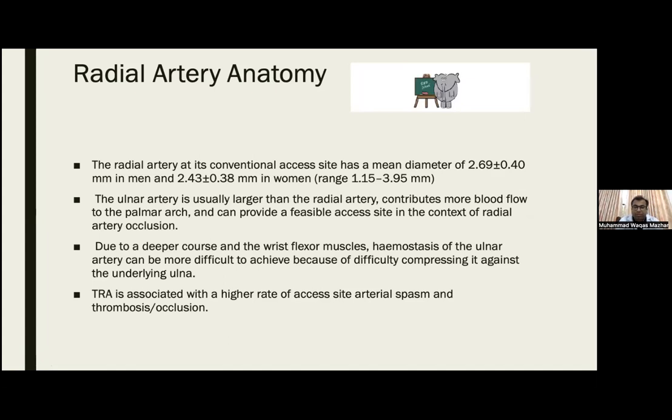Due to its deeper course and the wrist flexor muscles, hemostasis of the ulnar artery can be more difficult to achieve because of difficulty in compressing it against the underlying ulna. Transradial access is associated with a higher rate of access site arterial spasm, thrombosis and occlusion.